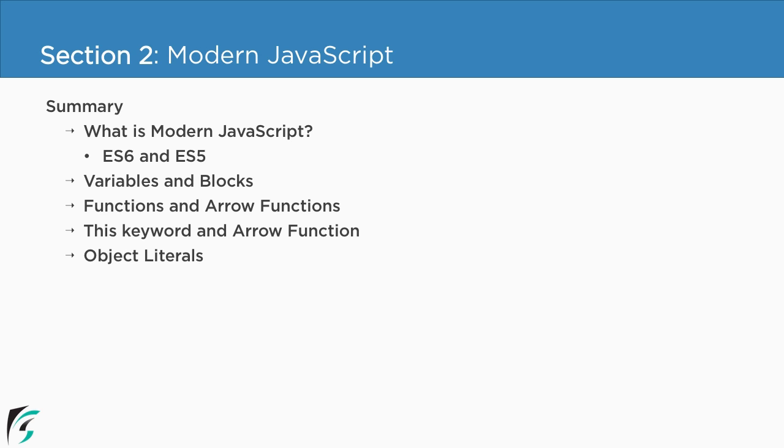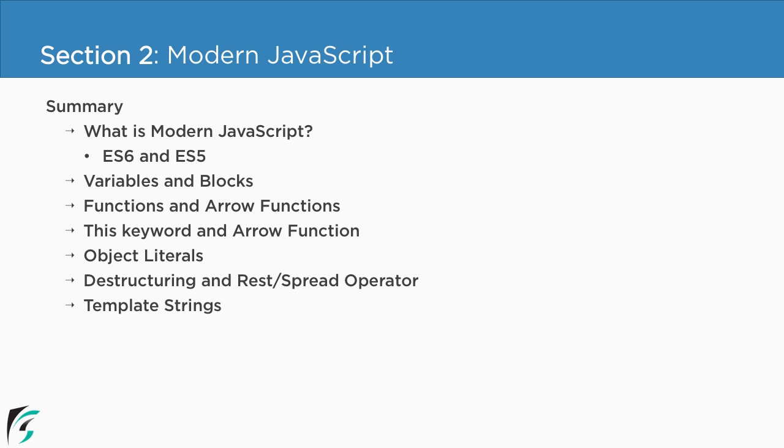Then we explored the object literals, how to define objects. Then we explored how to destructure elements and use REST and SPREAD operator along with it. Proceeding, we saw how to perform string interpolation using template strings in modern JavaScript. Then we saw how to define classes in modern JavaScript.